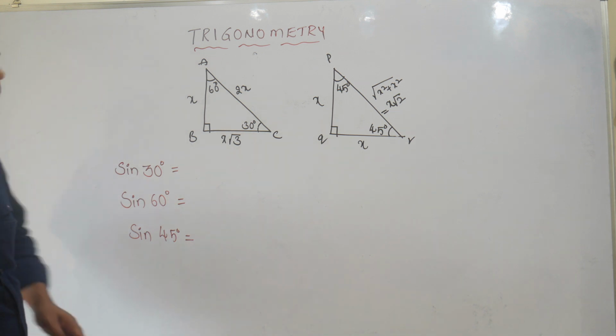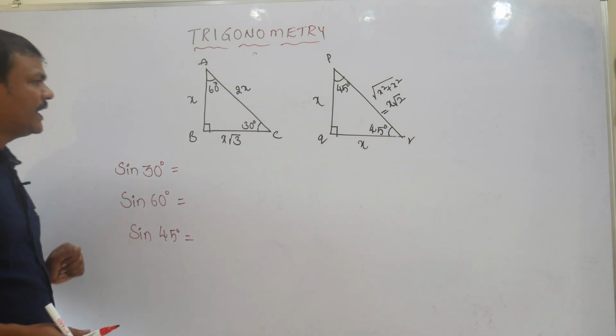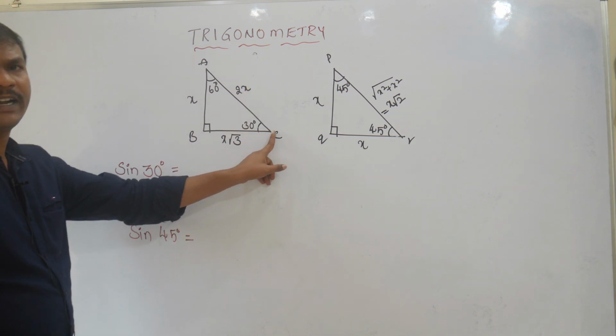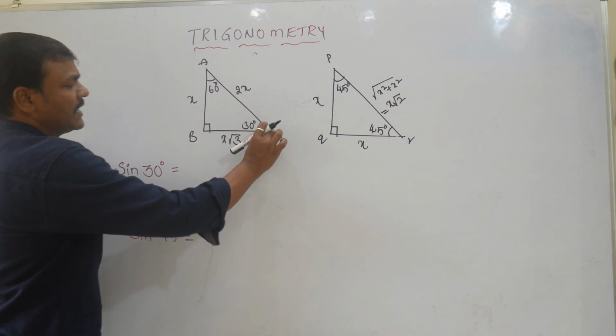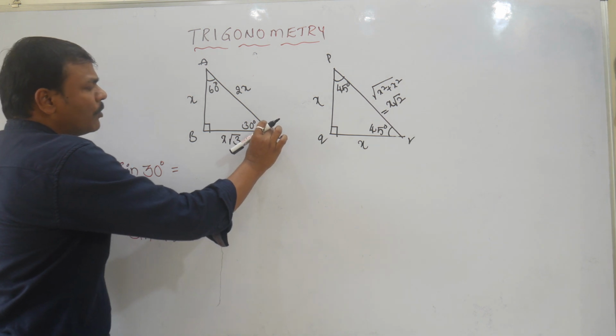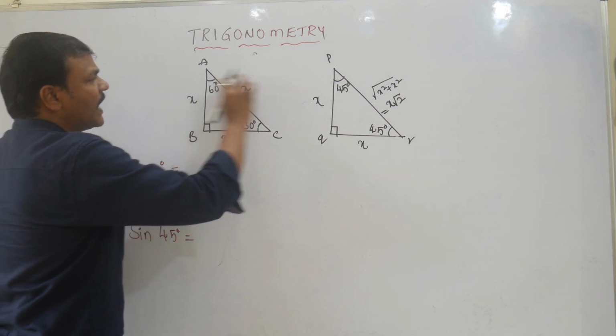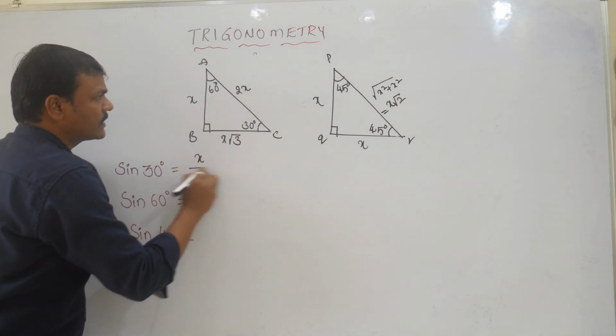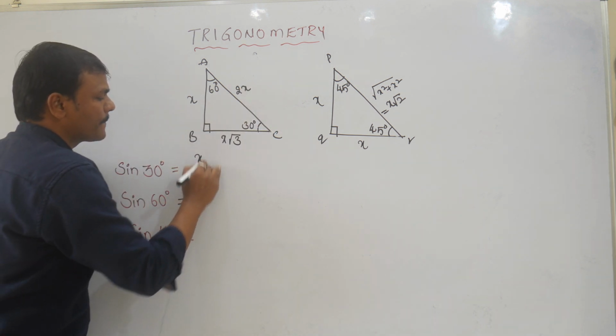So how can you write the sin 30 value? For sin 30, if you observe the 30 degree angle at vertex C, sin is the side opposite to the vertex C by the hypotenuse. Opposite side by hypotenuse. It is x by 2x.